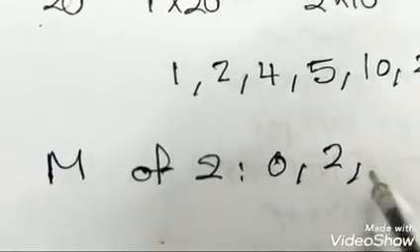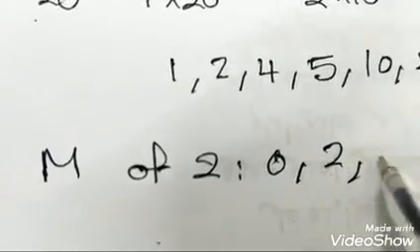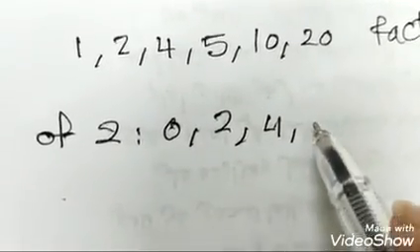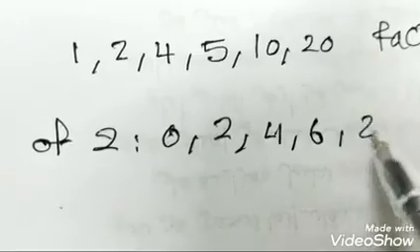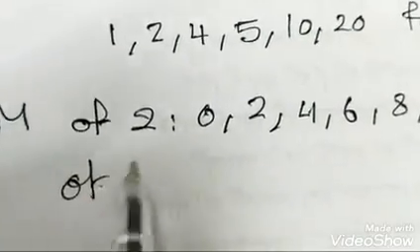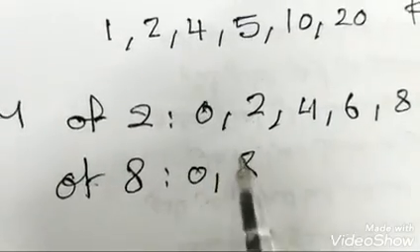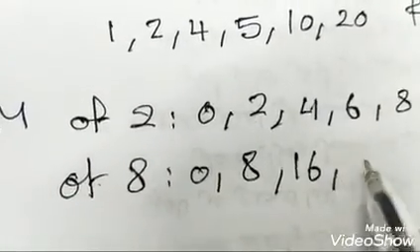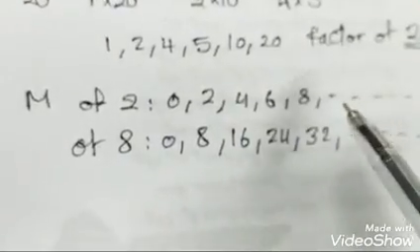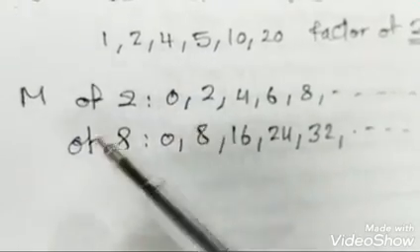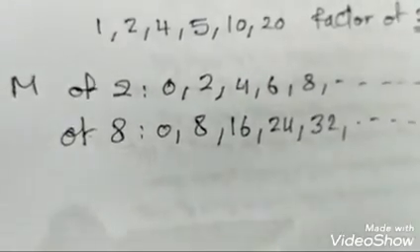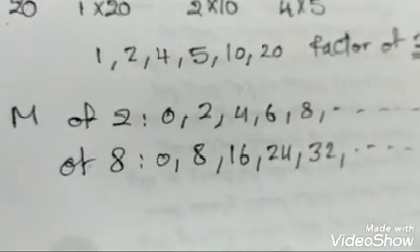It means 2 times 0, 2 times 1 equals 2, 2 times 2 equals 4, 2 times 3 equals 6, 2 times 4 equals 8, etc. The multiples of 8: 0, 8, 16, 24, 32, etc. So we know the factors and the multiples.